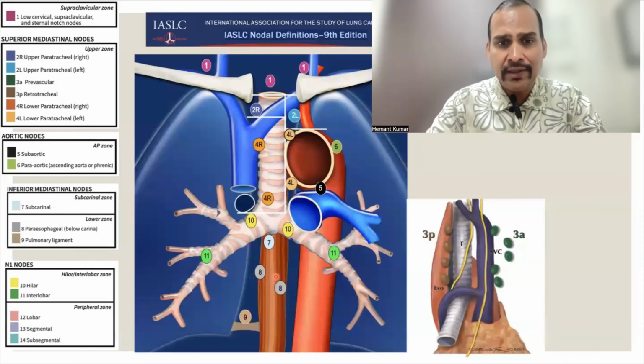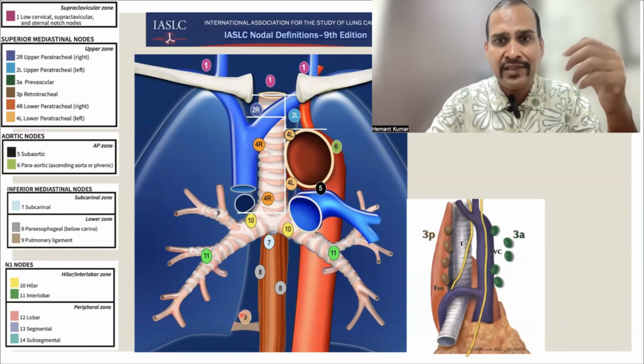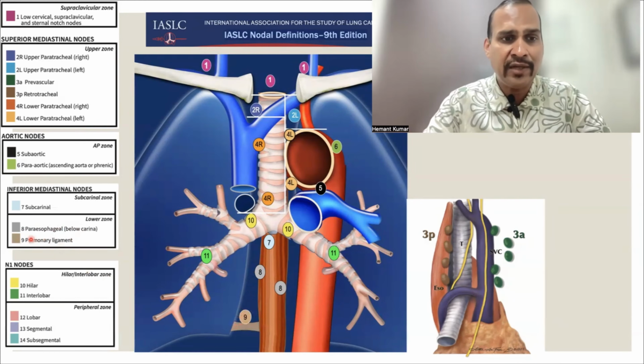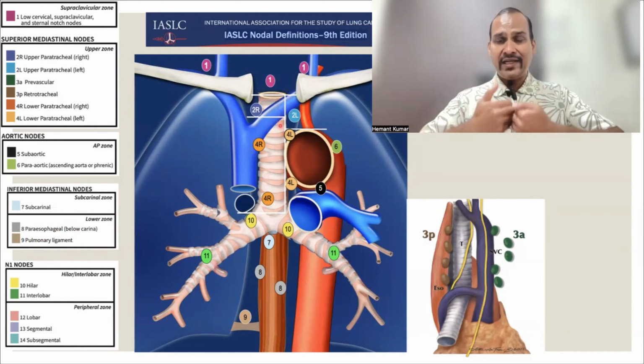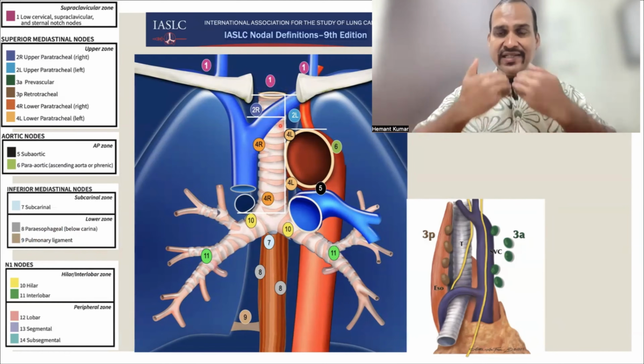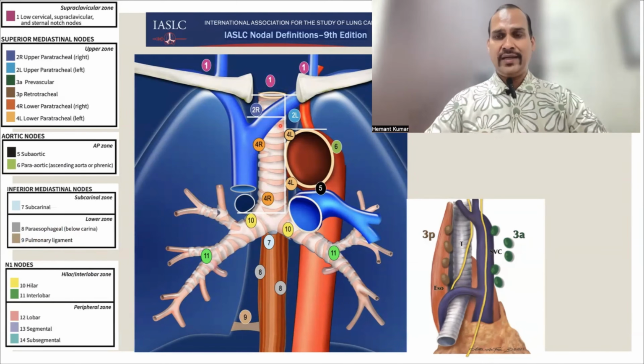So along the esophagus, lymph node 8 or paraesophageal lymph node below carina. Then near the diaphragm, there is pulmonary ligament. So lymph node along the pulmonary ligament is lymph node 9 or pulmonary ligament lymph node. This is how lymph node map from 1 to 9 along the central airway. In center 1 to 9.